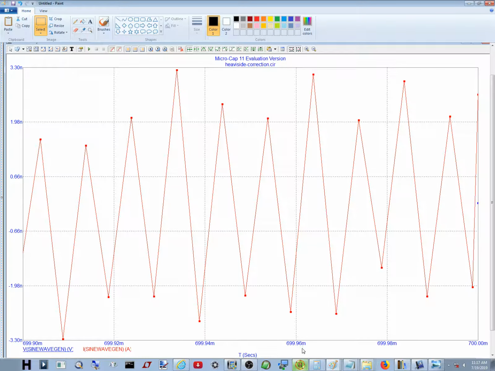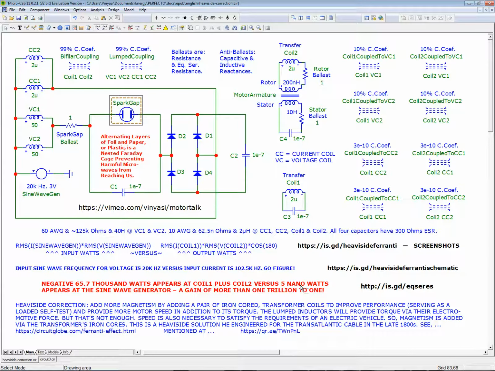So in my circuit, I create a condition of negative power factor, in which the current and the voltage are out of phase by a whole half cycle. Now, what does that mean? It means I took two parent waves, because the daughter wave is a mathematical fiction created by two actual parent waves. This is very important.